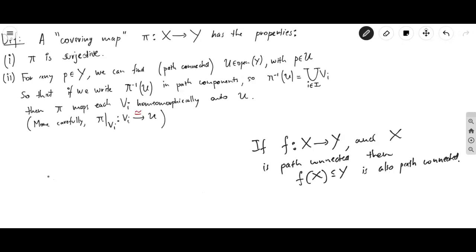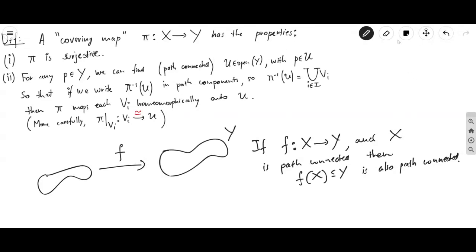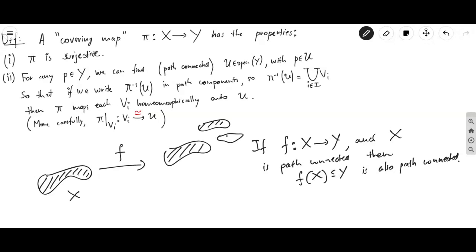Intuitively, this should make sense because you have a mapping from X to Y. So if X happens to be path connected already, even if Y is not path connected, even if Y looks something like this, let's say, f is a continuous map. So it's not supposed to tear your space apart into pieces. The space is just to stay together.